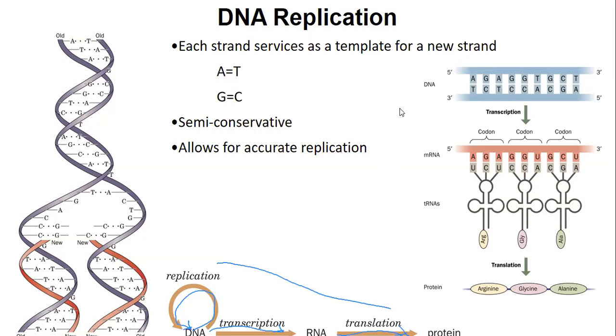Now, DNA itself is called semi-conservative because when DNA replicates, as shown in this image, one strand is always the old parent strand, and one strand is the new daughter strand. So DNA is always semi-conservative, and DNA can do this because of the base pairs. A is always with T, G is always with C. So if you know one strand, you know what the other strand must be.